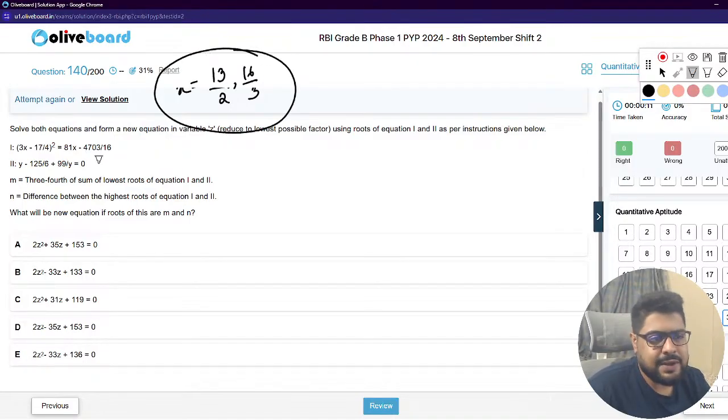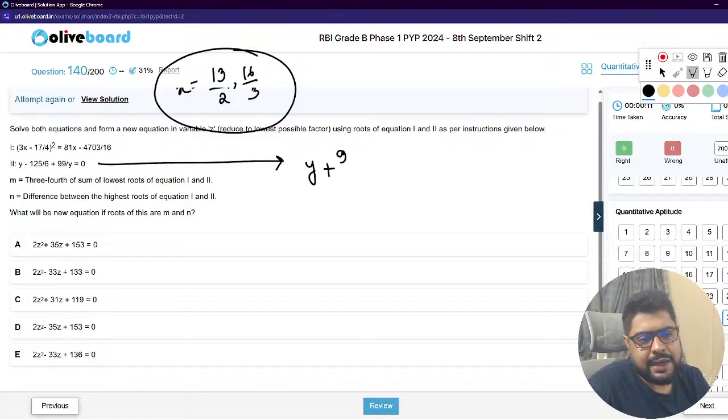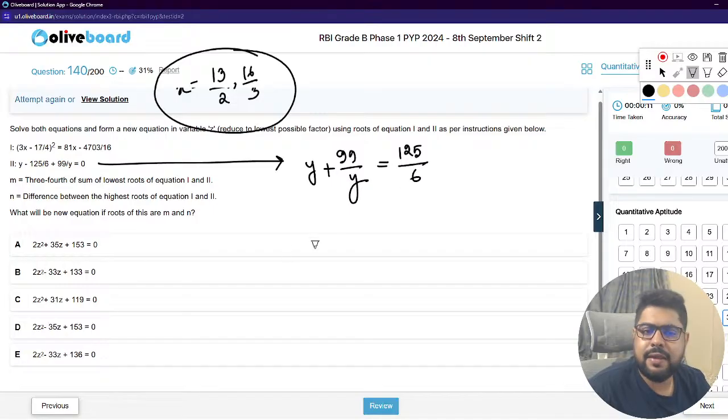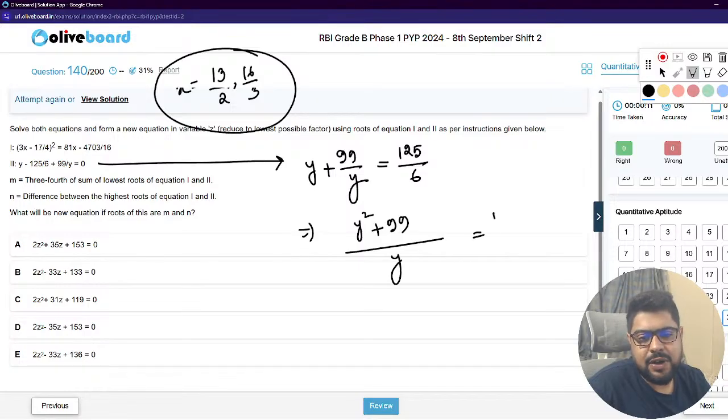Now, second equation. The second equation will not be that difficult. y square plus 99 by 6 y is equal to 125 by 6.